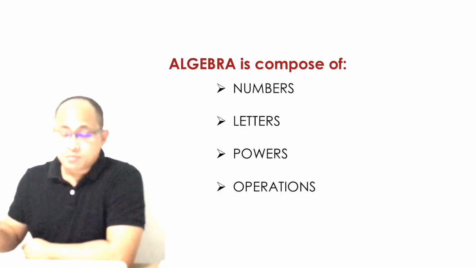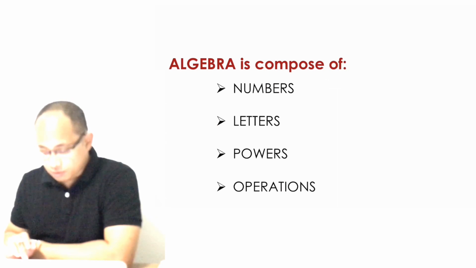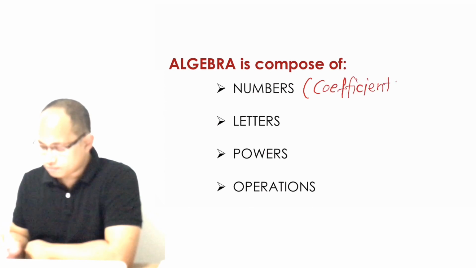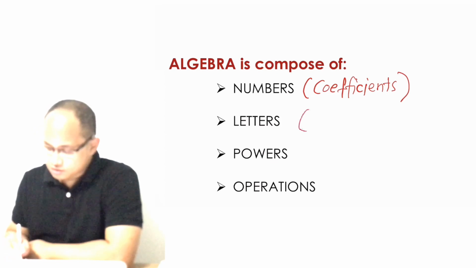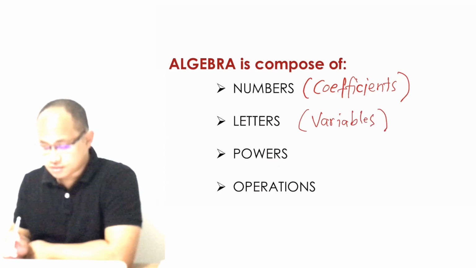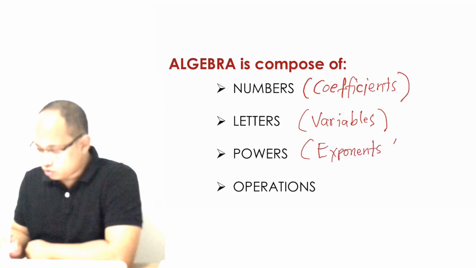Algebra is composed of numbers, letters, powers, and operations. Numbers are commonly known as coefficients. Letters are known as variables. Powers are what we know as exponents or indices.